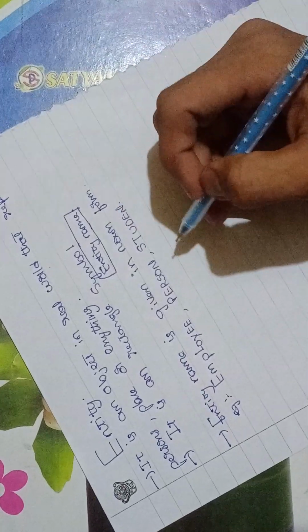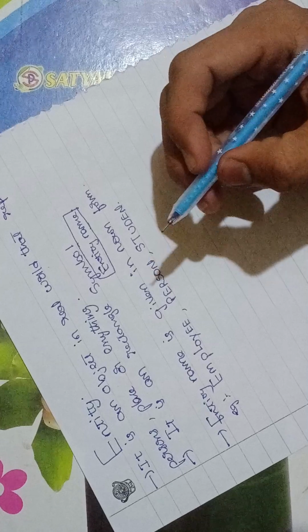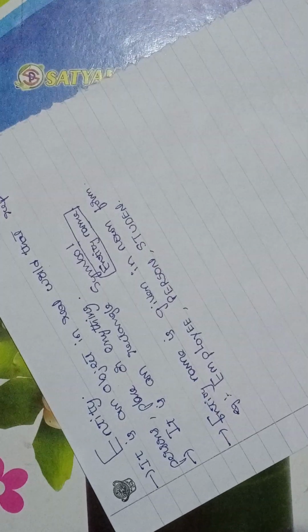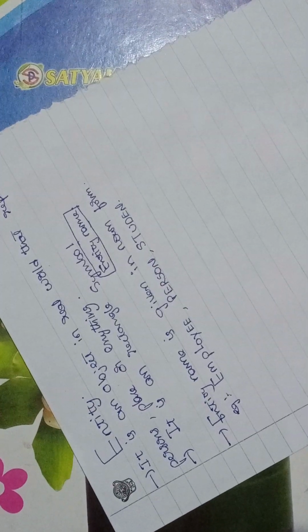Next, any instance of an entity is known as an entity occurrence.